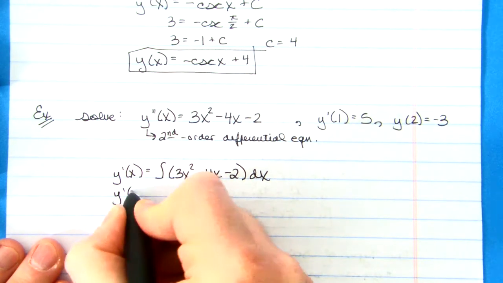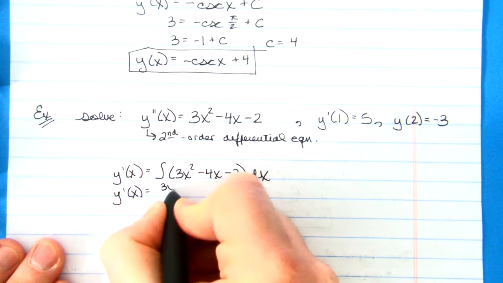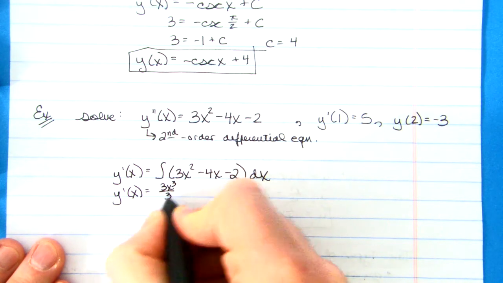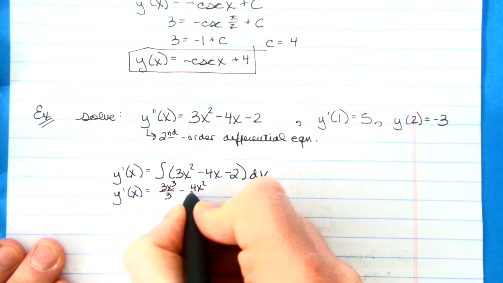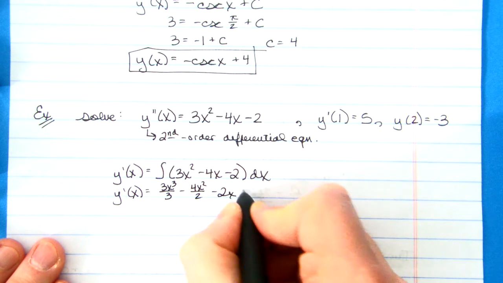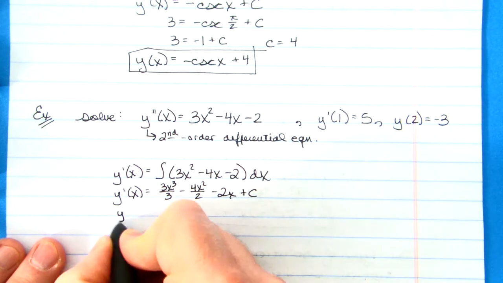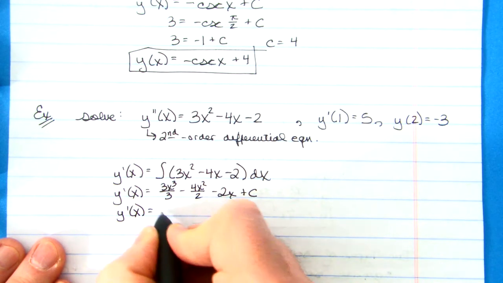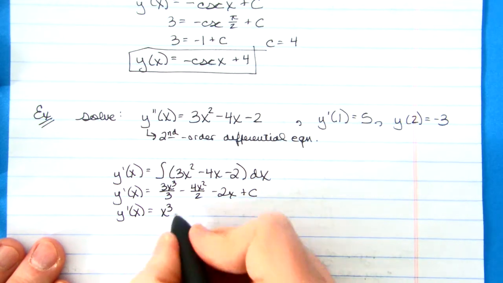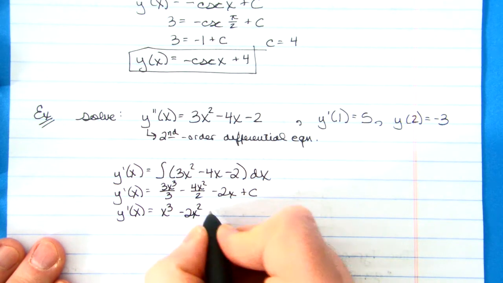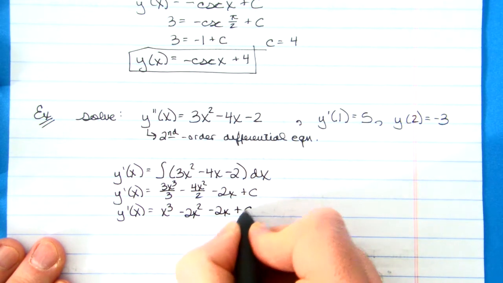Okay, so y prime of x should equal 3x cubed over 3 minus 4x squared over 2 minus 2x plus a constant. So y prime of x is going to equal x cubed minus 2x squared minus 2x plus c.